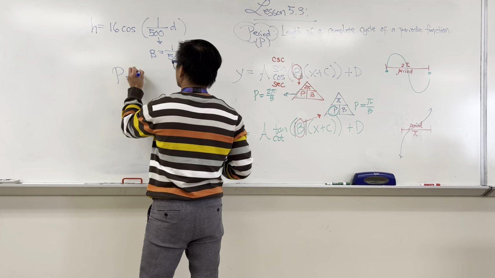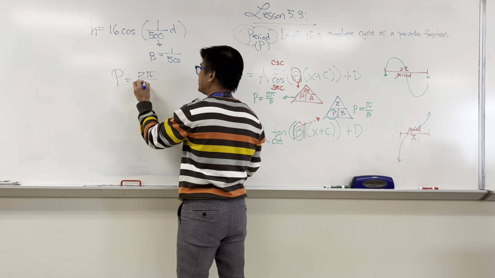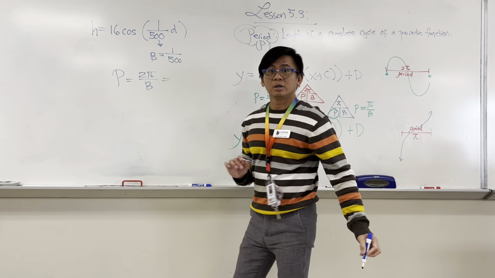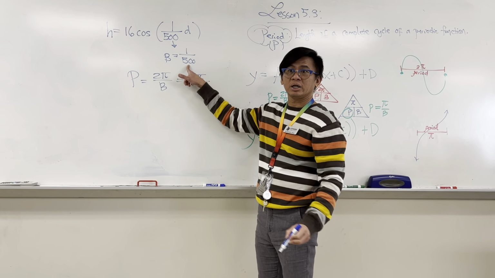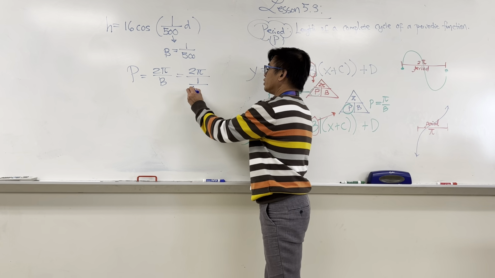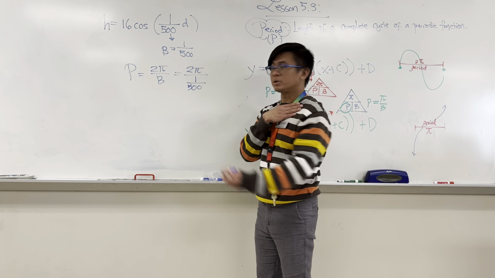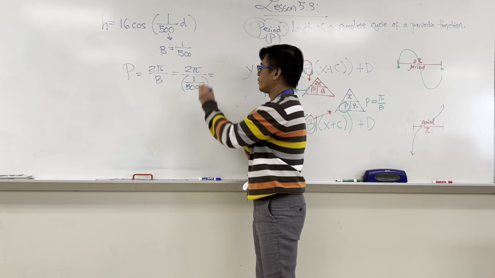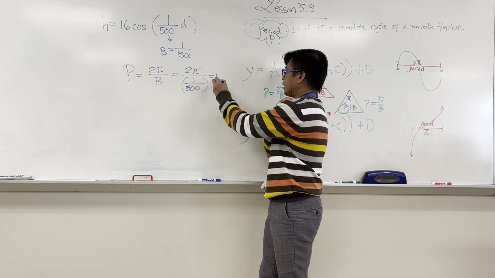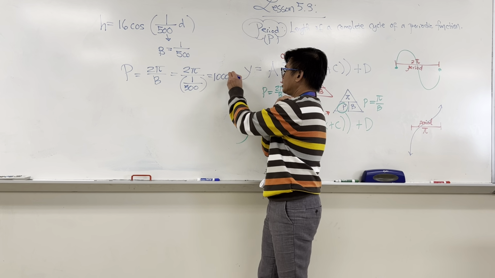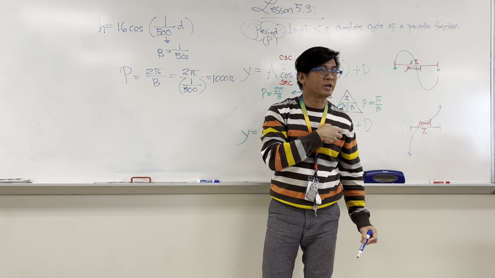Period is equal to 2 pi over that b, right? So that's gonna be 2 pi over, what's your b again? 1 over 500, right? So what's that gonna be on your calculator? Just on the fractions, that's 1000 pi. That's the period.